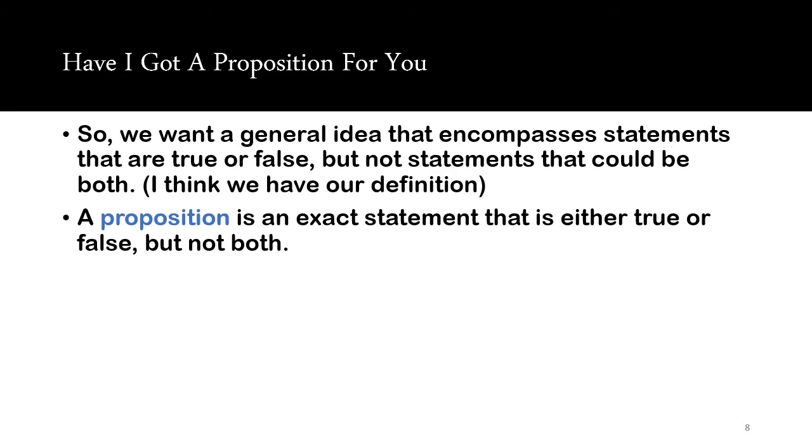A proposition is an exact statement that is either true or false, but not both. That's very important. Stuff like that has variable truth value, we don't use that as a proposition. However, that's a little later on. We're going to be covering it, but not today.